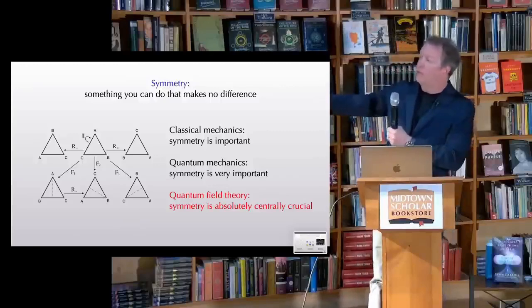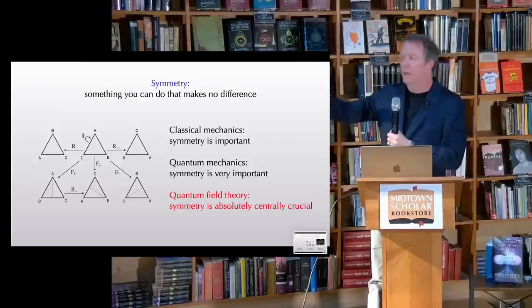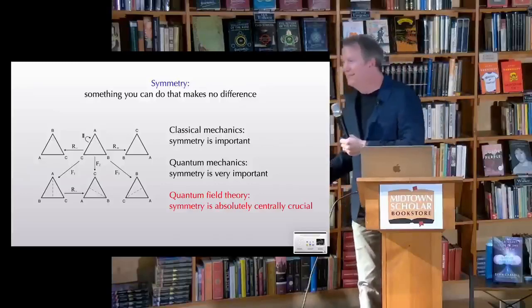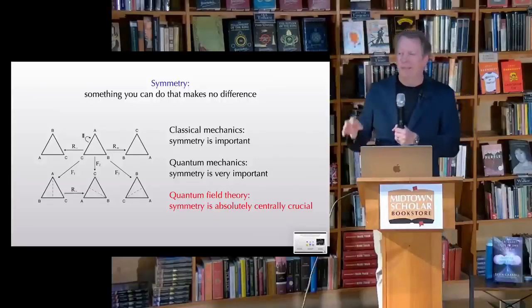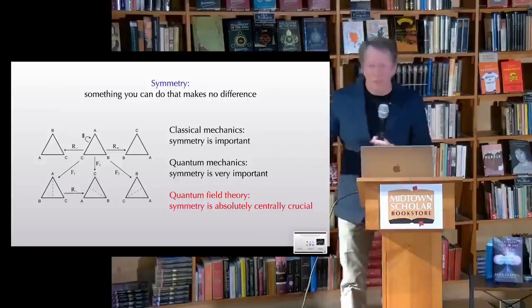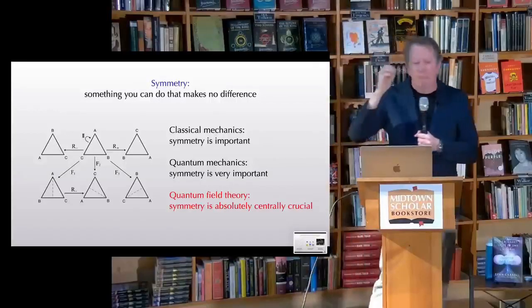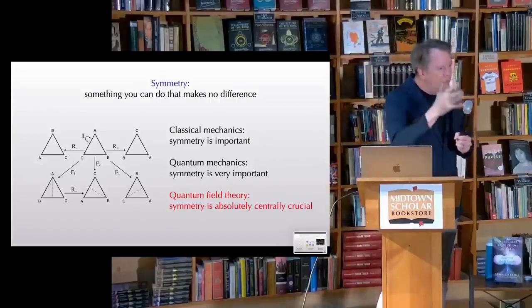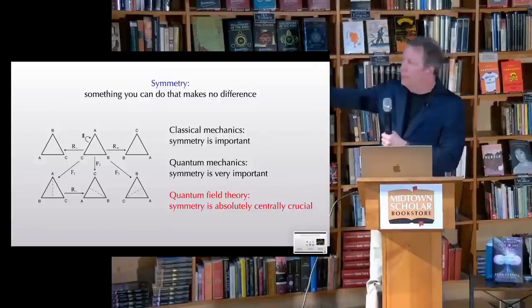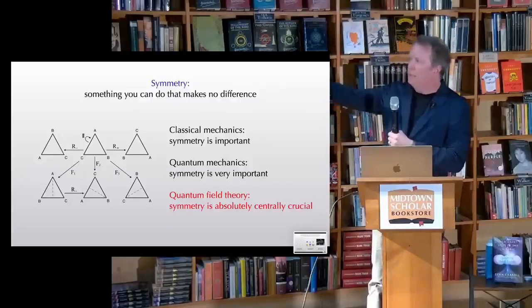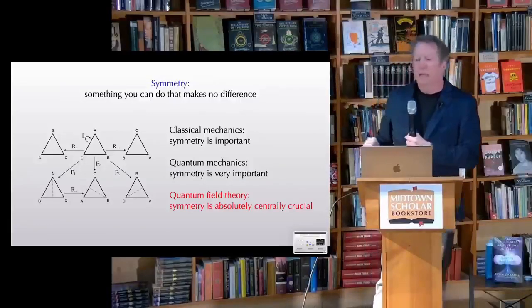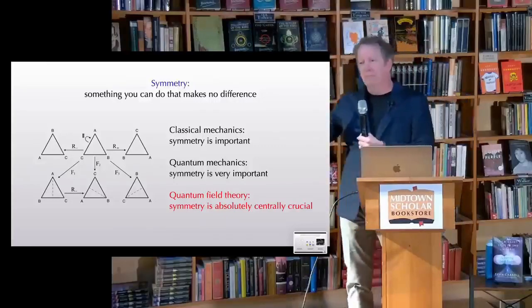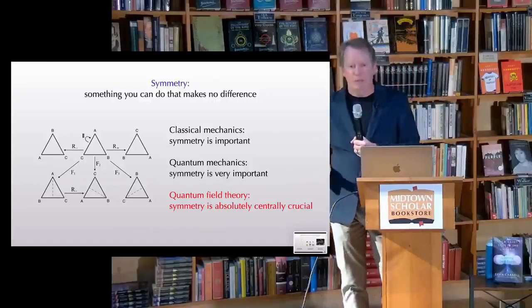So this figure is from my book. I tried to take one of the most intimidating looking figures I could get. Don't like it when people say that there was false advertising there. This is what the book is about. We're going to mathematically think about how symmetry works. So you take the triangle in the top middle, you label it ABC on the corners, and then you ask, what can I do to it that changes it without making a difference?